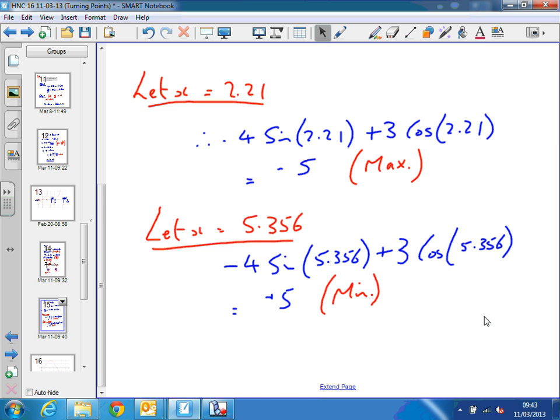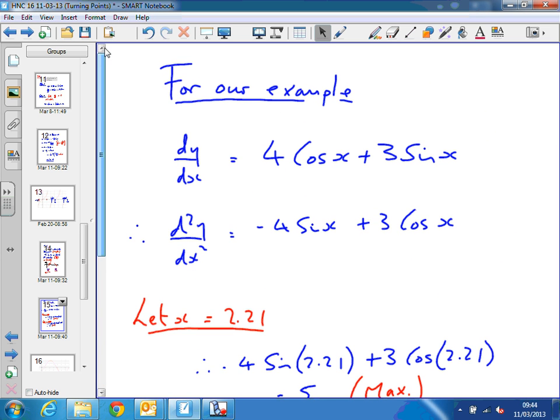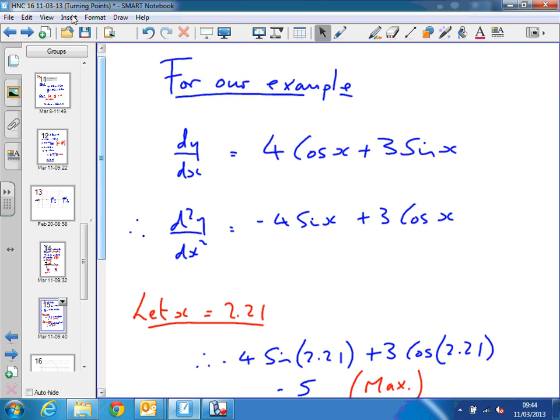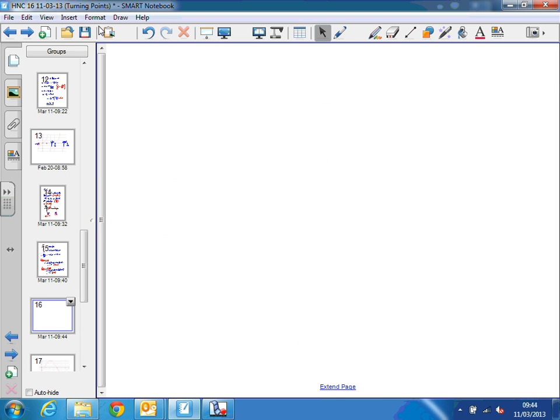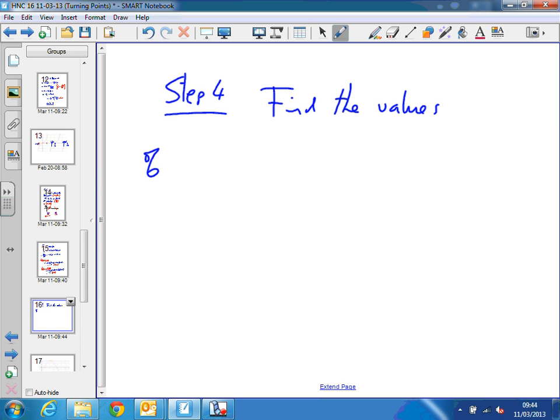Okay, so step 4, the final step: find the values of the maximum and minimum. And how do you do that? Put it back in the original function.